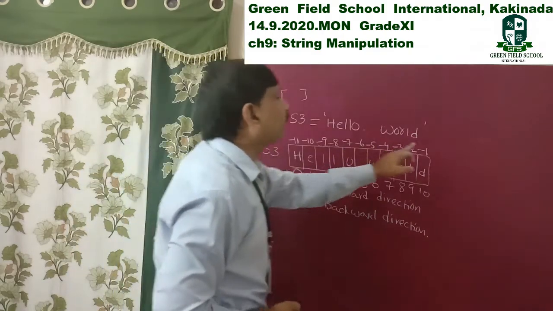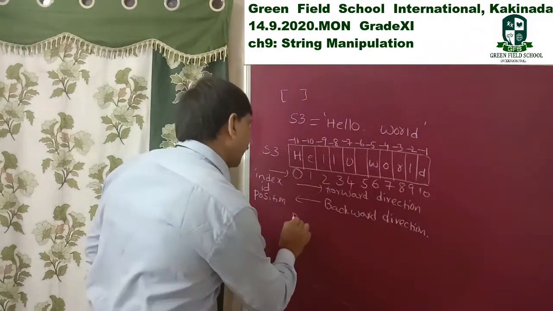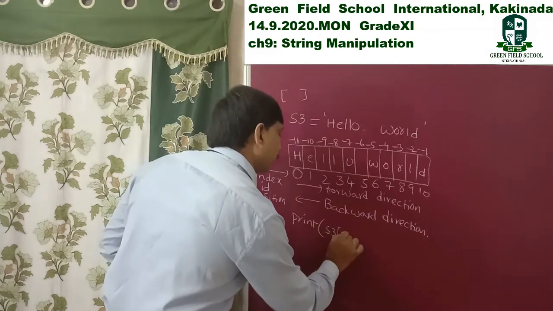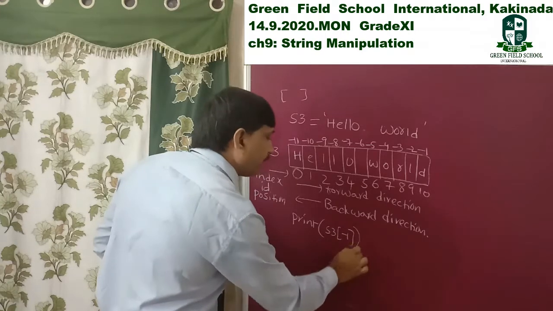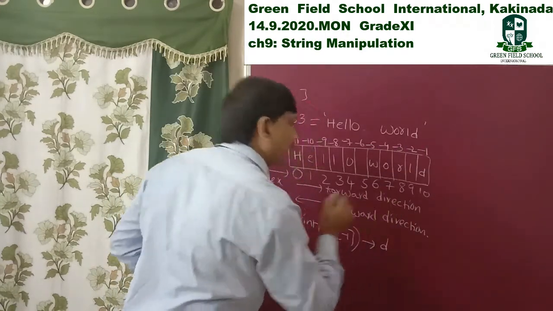I print using the backward direction. So S3 of -1 displays D. Print S3 of -1, I place square brackets here.